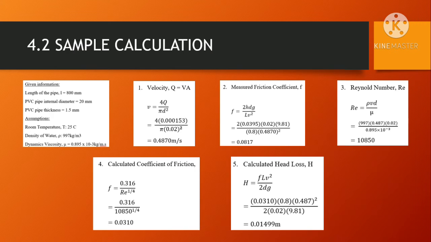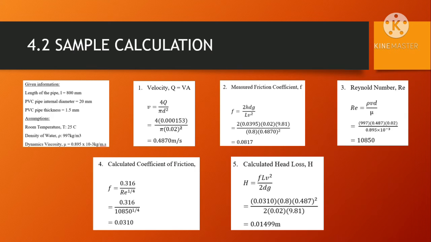For this experiment, we assume that the room temperature is 25 degrees Celsius, the density of water is 997 kg per meter cube, and the dynamic viscosity is 0.895 times 10 negative 3 kilogram per meter second.